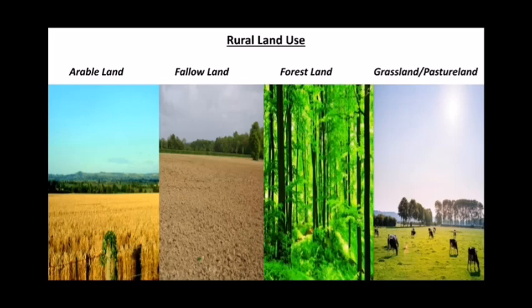So the farmers cultivate a particular crop one year and the next year they leave that land to recover so that the fertility of the soil may not go down. So in this way, this land is used in some seasons and in some seasons it is kept empty. That is why this land is called the fallow land.